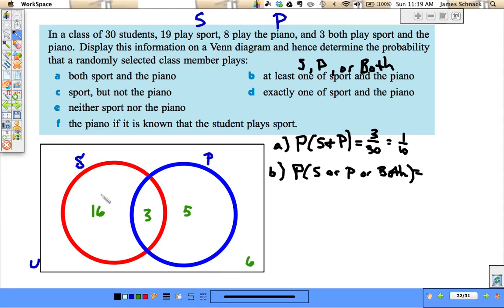Well, it's everybody inside any of the circles. These 16 play sport, these 5 play piano, these 3 do both. So we've got 24 out of 30, which is 4/5.